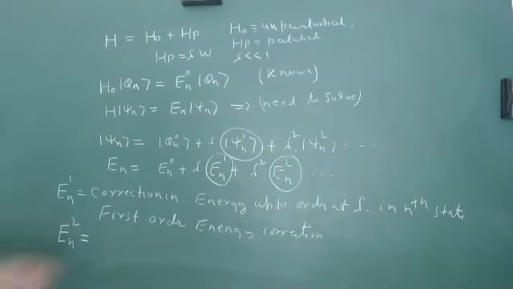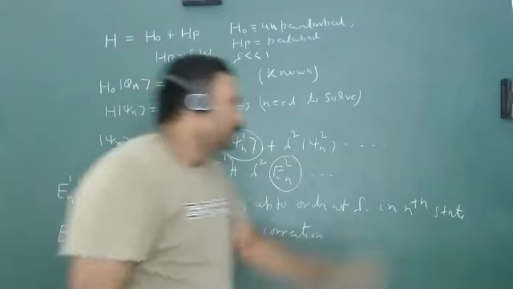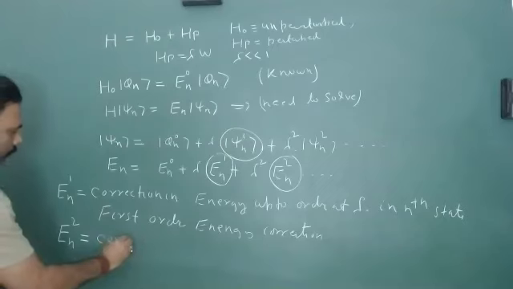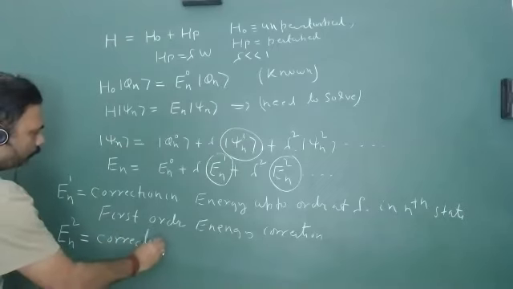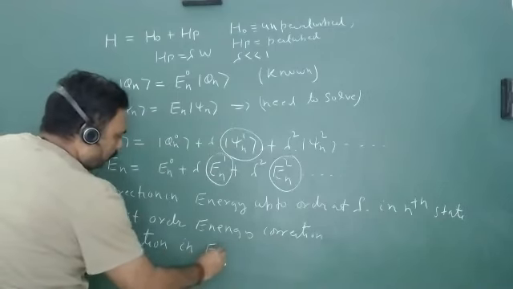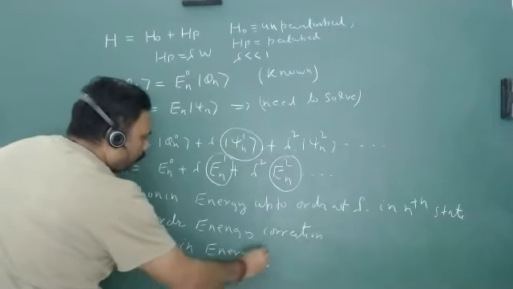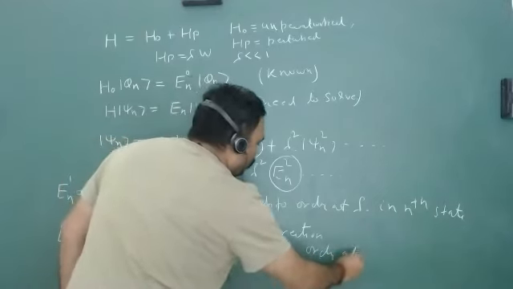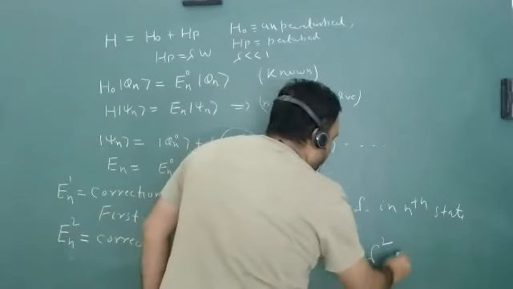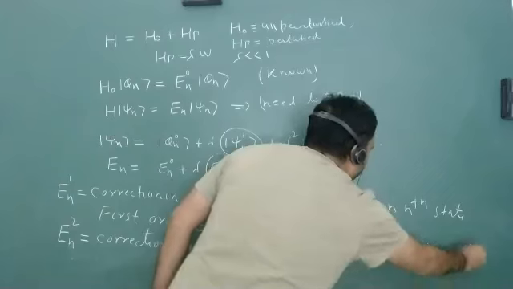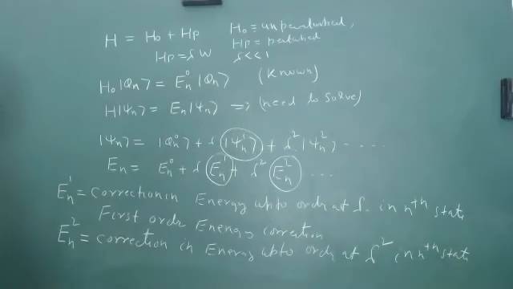Agreed? In which state? In the nth state. So we will call it the correction in energy up to order of lambda square in the nth state. First learning the language is necessary, otherwise problems happen by themselves. What do we call this in short? Second order energy correction.